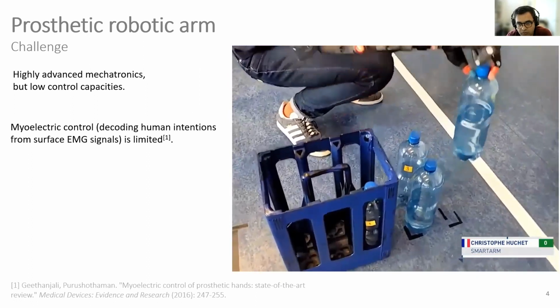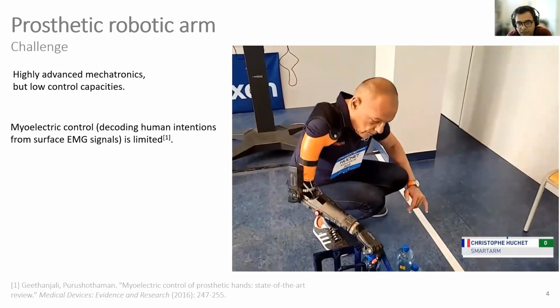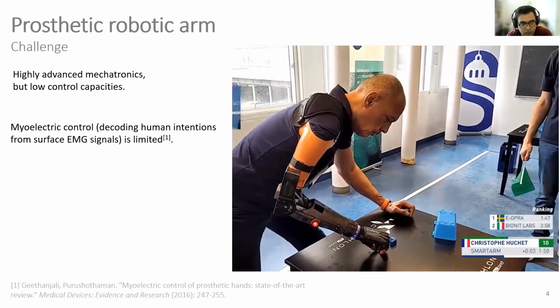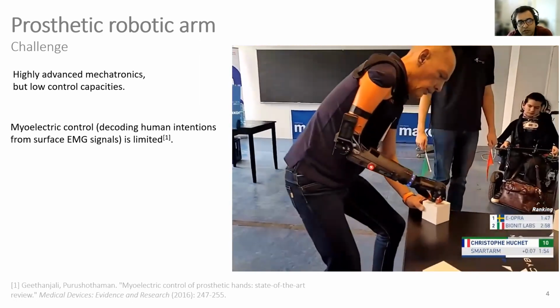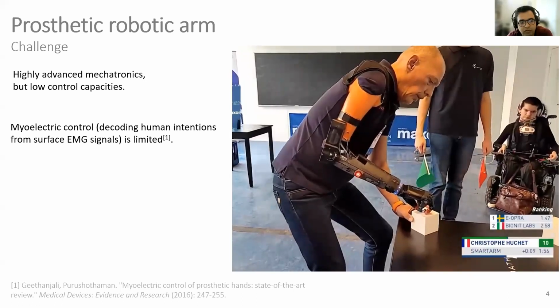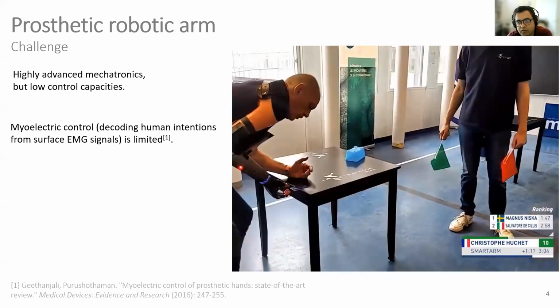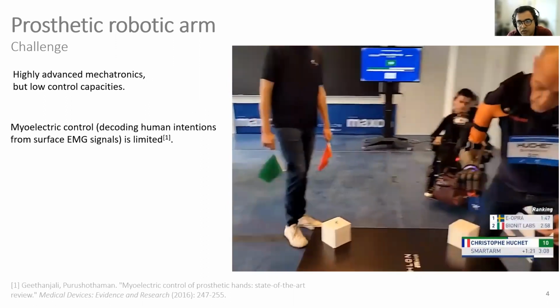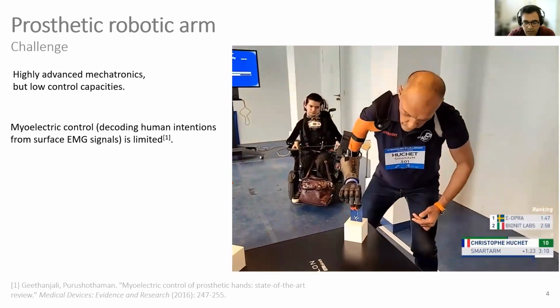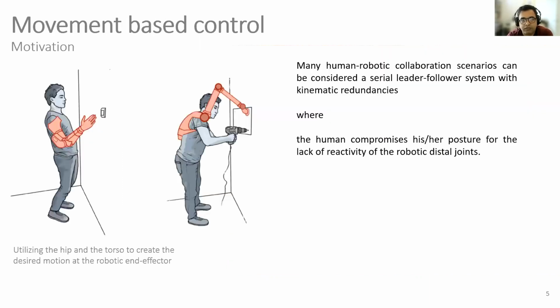It's mostly a problem of control, of interfacing with the user, where most of the control strategies to date use myoelectric control, trying to decode human intention from surface EMGs, which is a very limited and hard problem. This limitation made people think about other approaches, which we call movement-based controls.